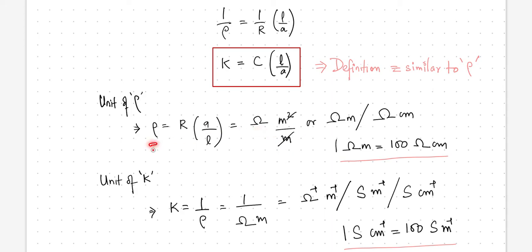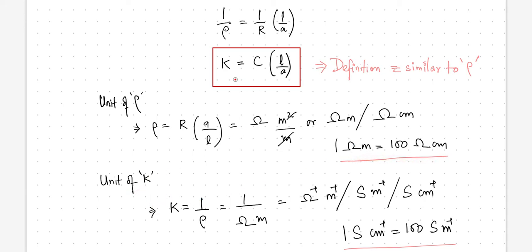So the resistivity unit is ohm meter, or in CGS unit, ohm centimeter. And 1 ohm meter is equal to 100 ohm centimeter, because 1 meter is equal to 100 centimeters.